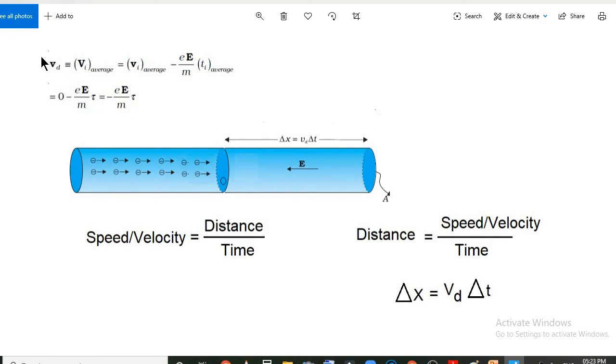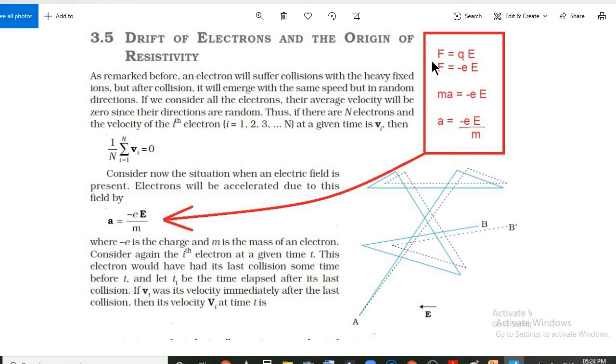Drift velocity is also constant. That is just against our expectation. See, we are discussing a situation in which a wire is connected with a battery. When the wire is connected with a battery, it gets a potential difference, and if there is a potential difference, there is an electric field, like this.